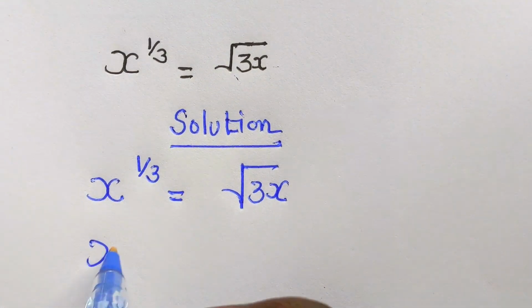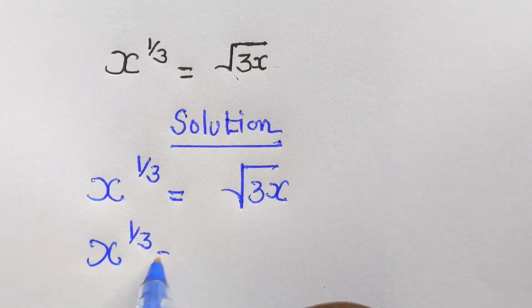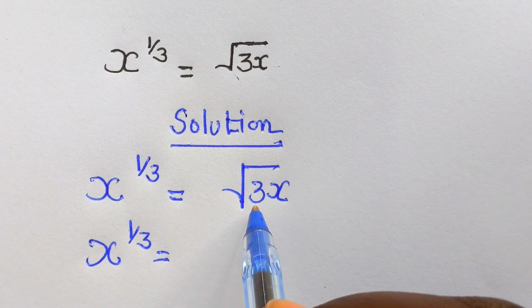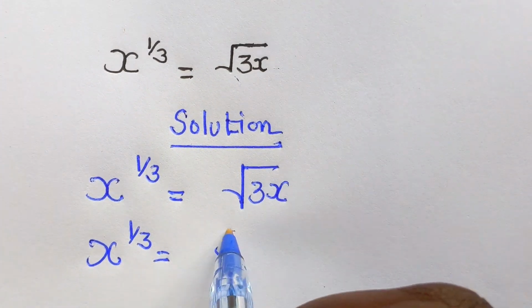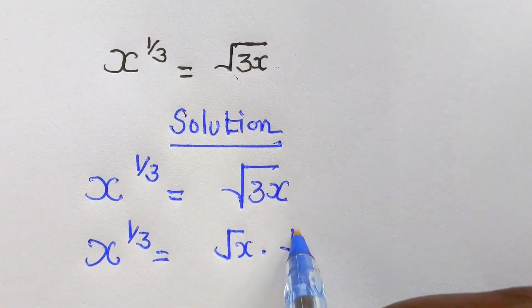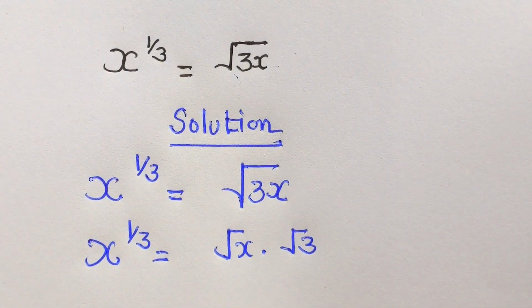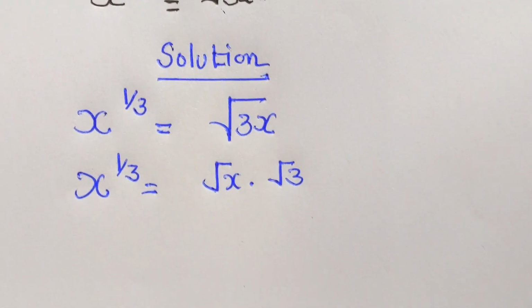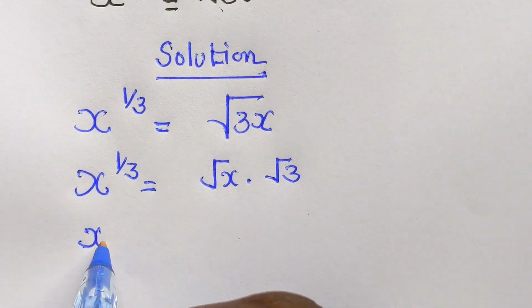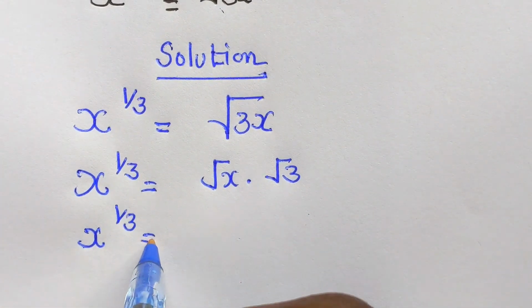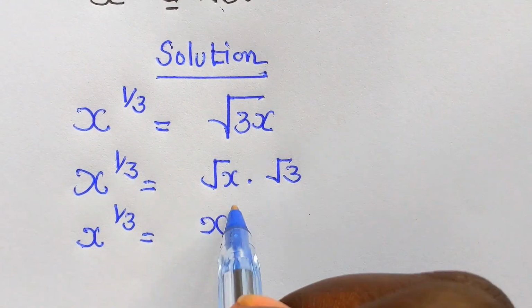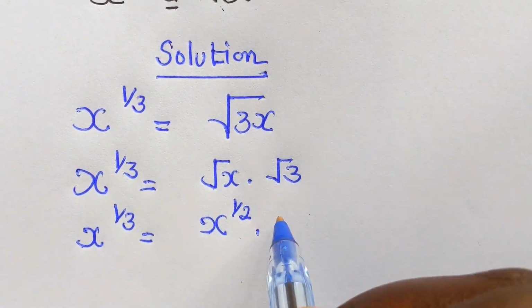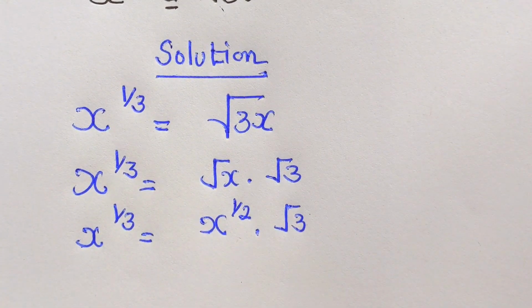We shall say x power 1 over 3 is equal to the square root of x times the square root of 3. The square root of x can be written as x power 1 over 2 times the square root of 3.